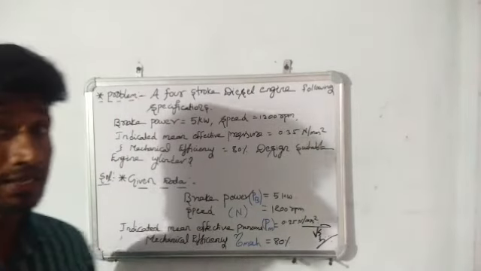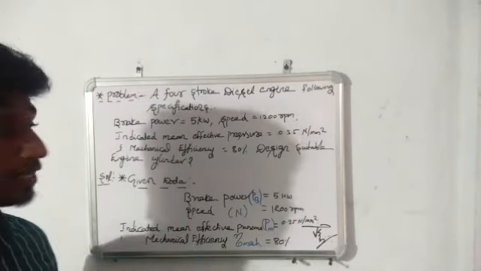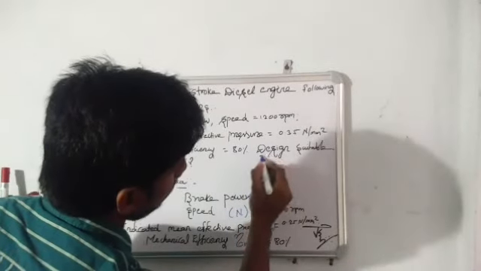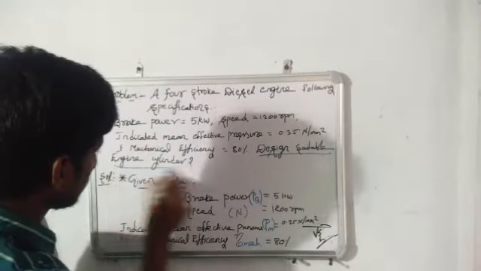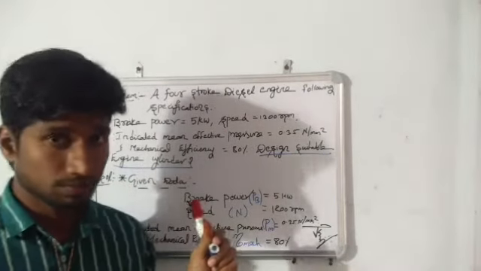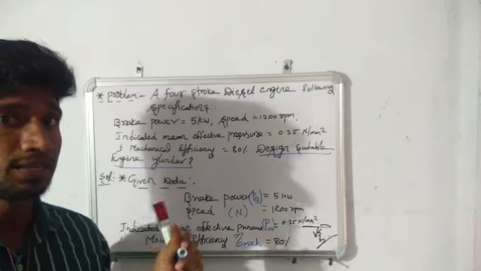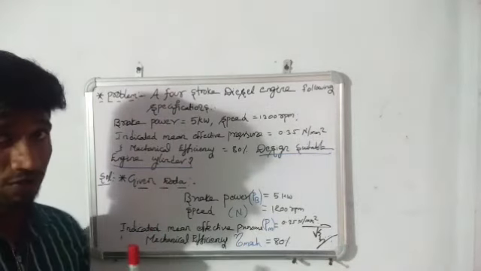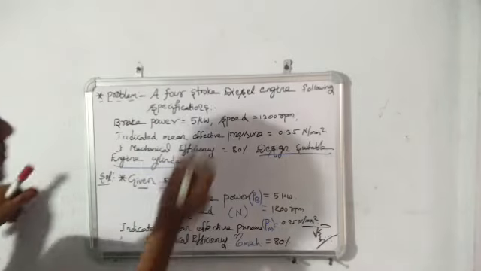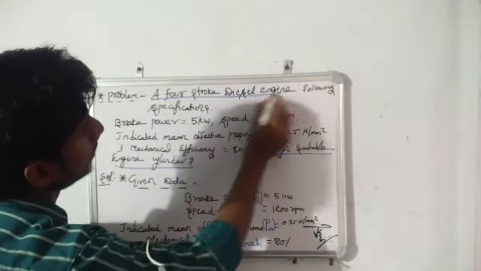Next, what is wanted, that means what is required. Here we are going to design a suitable engine cylinder. So our ultimate aim is to design the engine cylinder. For which type of engine? Whether it is 2-stroke or 4-stroke, in the problem we find a 4-stroke diesel engine.